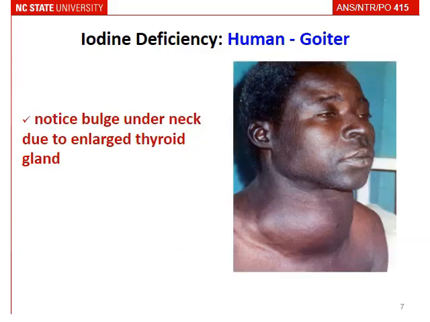So here's an individual that has a goiter. You can see this big bulge in this individual's neck. That is an indication of iodine deficiency. That's the goiter that's formed. The thyroid gland becomes much bigger, hypertrophies, to compensate, trying to make more thyroxine, but it's unable to do it because of the lack of iodine.